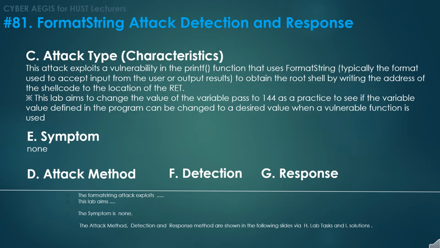This lab aims to change the value of the variable path to 144, as a practice to see if a variable value defined in the program can be changed to a desired value when a vulnerable function is used. The attack method, detection, and response method are shown in the following slides by the lab tasks and solutions.